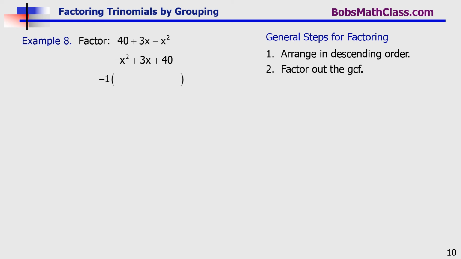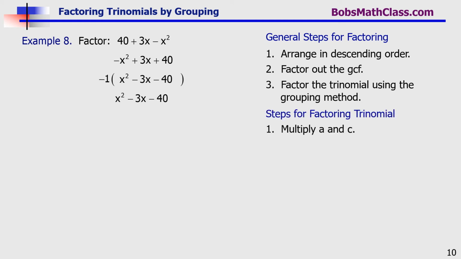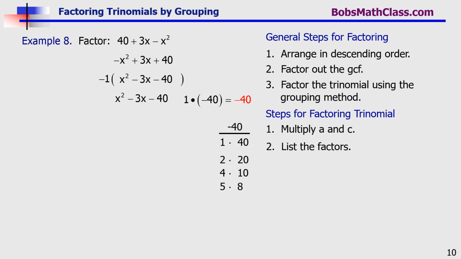So we're going to factor out a negative 1 from that trinomial. Okay, so what does that do to all the signs? They all get changed, right? Now we're going to factor that trinomial. Multiply the a and c, so that's 1 times negative 40. List all your factors.